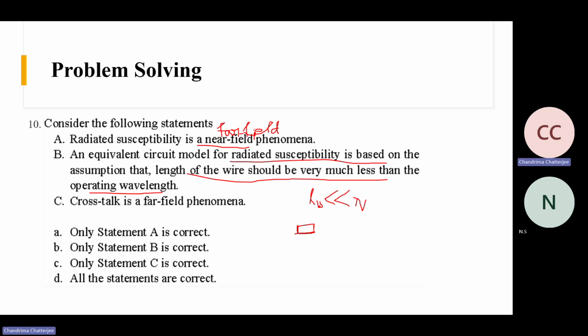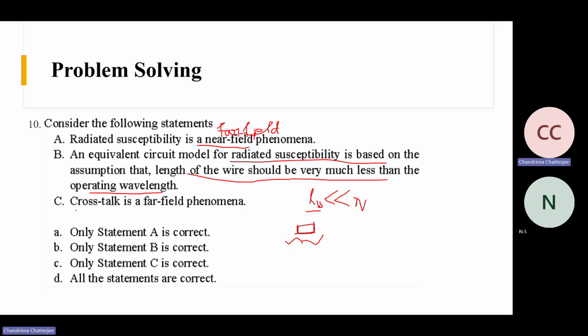We will have to consider distributed parameters. Then the analysis becomes more tedious. But if your wire length is much lower than the wavelength, then we can model it with lumped parameters and we can find out the radiated susceptibility. So this is a valid assumption.